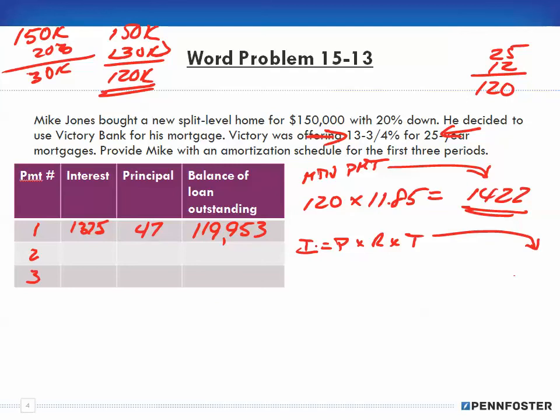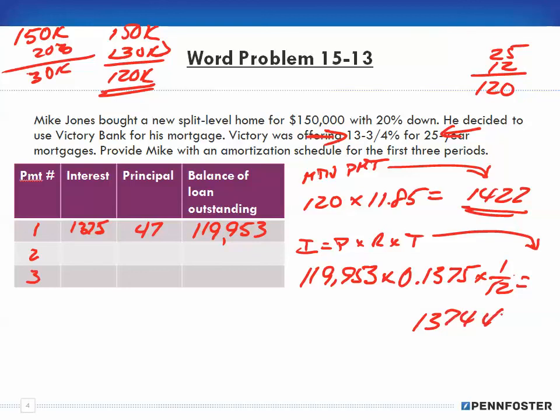For payment number 2, we have to find our interest. We start out with the 119,953 and multiply it by that same rate, for 1 month. When we do that math, we find that our interest is $1,374.46.